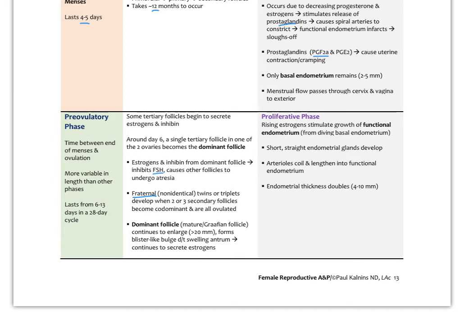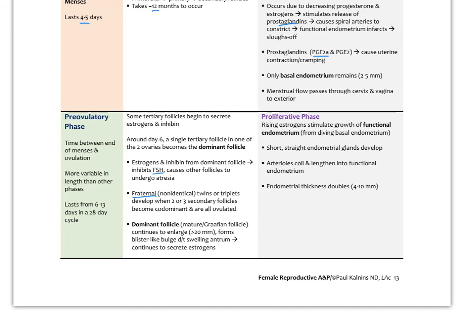The dominant follicle, also known as the mature Graafian follicle, continues to enlarge, and it forms a blister-like bulge due to the swelling of the antrum just under the surface. Again, this is happening in the cortex of the ovary. If you look at the ovary, you can see this bulge happening on the outside, and it's going to continue to secrete estrogens.